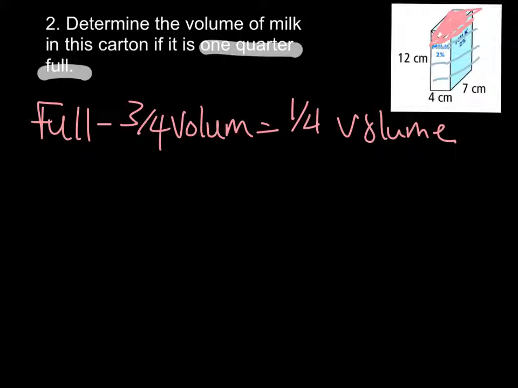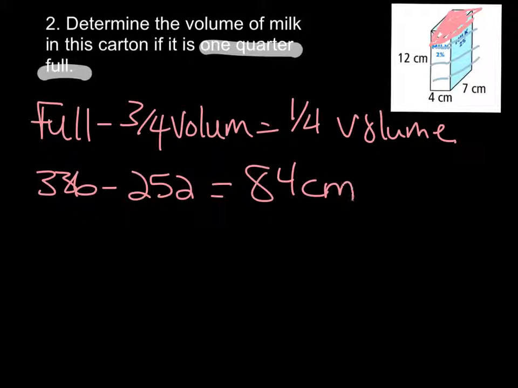Let's do that. Do you remember what the full volume was? Yeah, 336 minus the 3/4 volume, and I'll just tell you here, that was 252. Okay, when we subtract those numbers, we get 84 centimeters cubed.